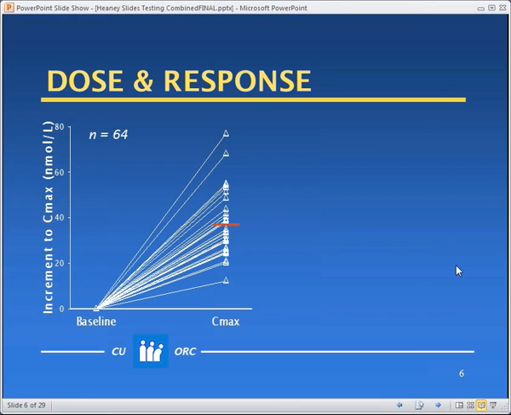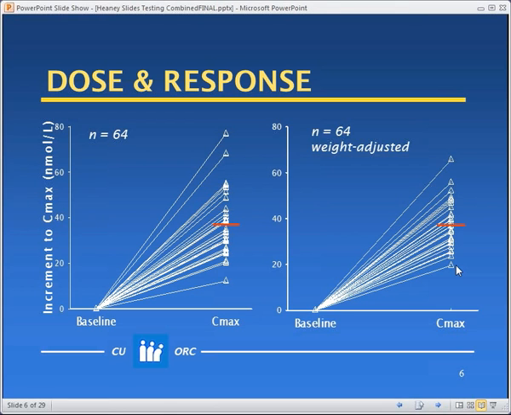But the lowest rise was about 11 nanomoles per liter, which in terms of nanograms per milliliter would be a little bit less than 5, which is not much. And the highest was close to 80. Now, you might expect some of that variation to be due to differences in body size. And indeed, if you adjust for weight, the spread diminishes a little, but there's still a tremendous spread.